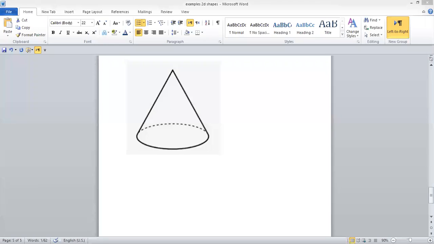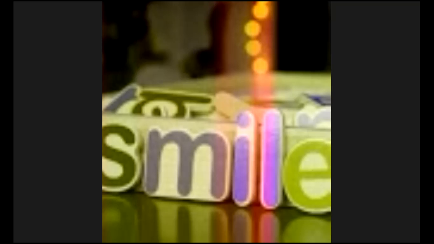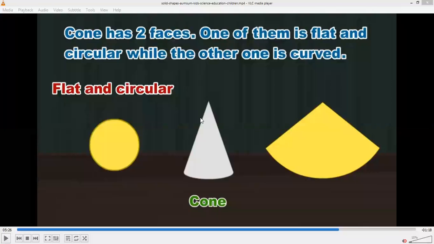One of them is flat and one of them is curved. I can show you here also. Look, this is a cone. It has 2 faces. This is the flat one, and this one here is the curved one. So there are 2 faces in a cone.